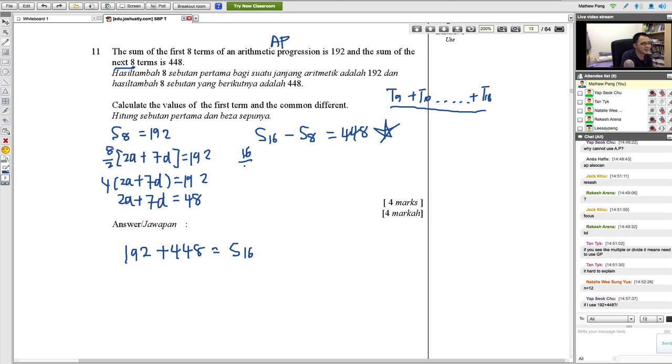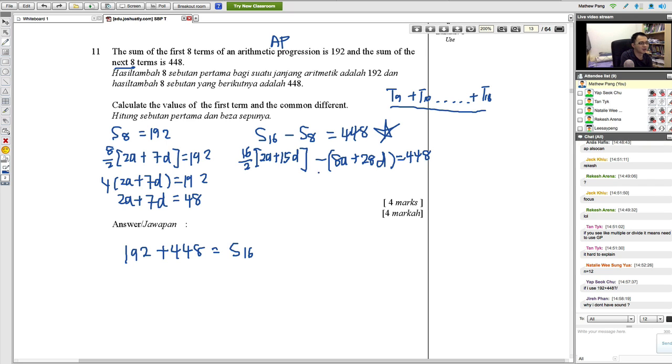So this is 16 over 2, then same thing, 2a plus 15d. Okay, minus this one is something like this, which is 8a plus 28d, I just multiply 4 into both, equals 448.